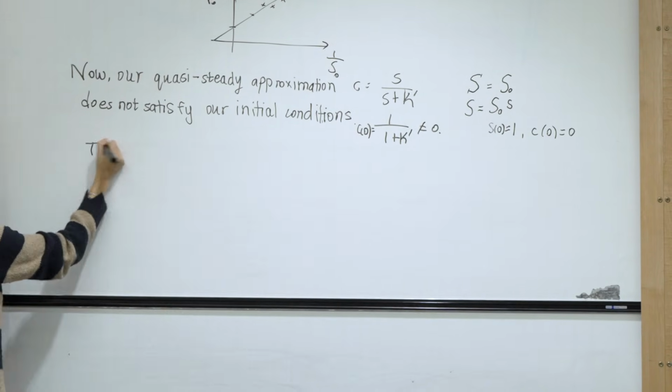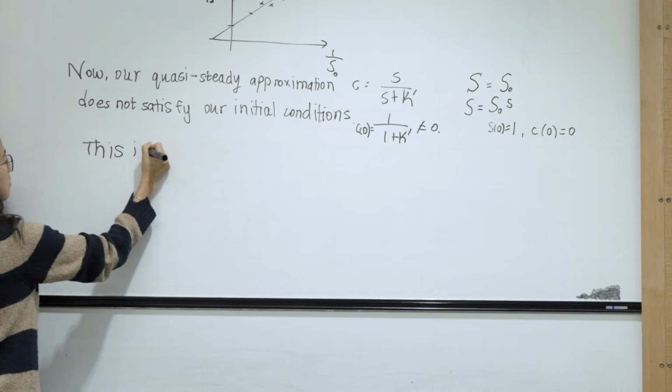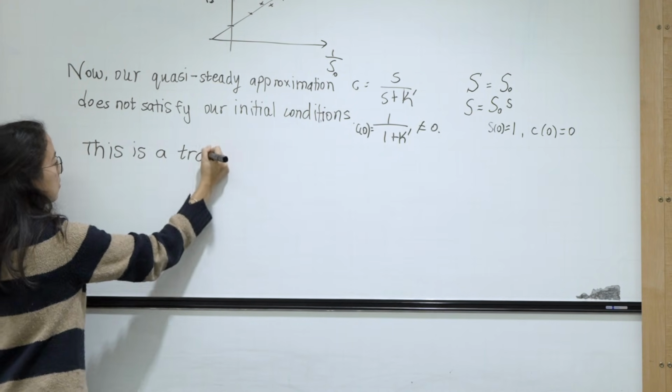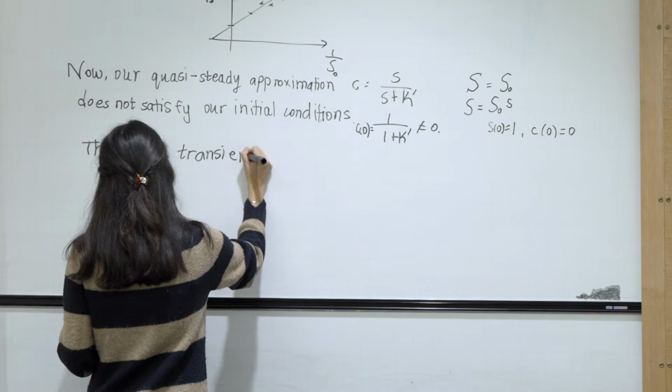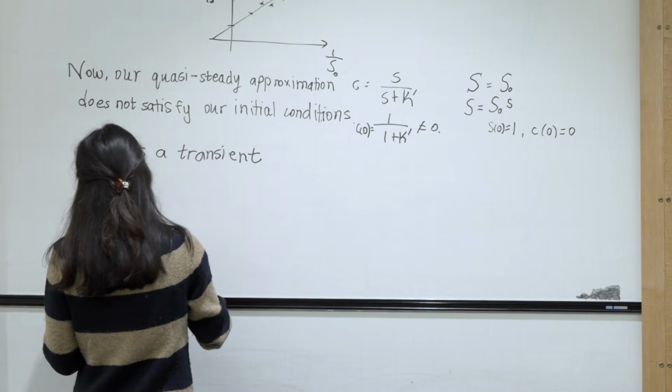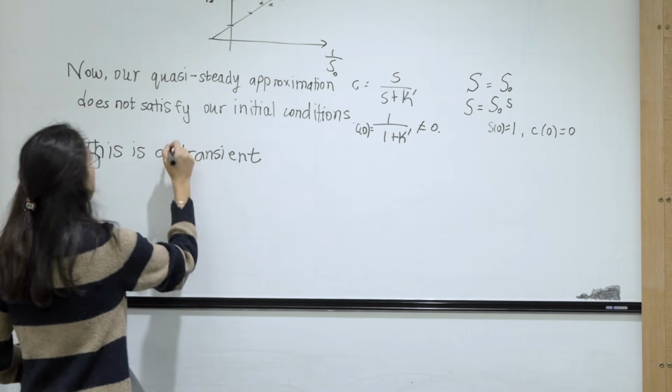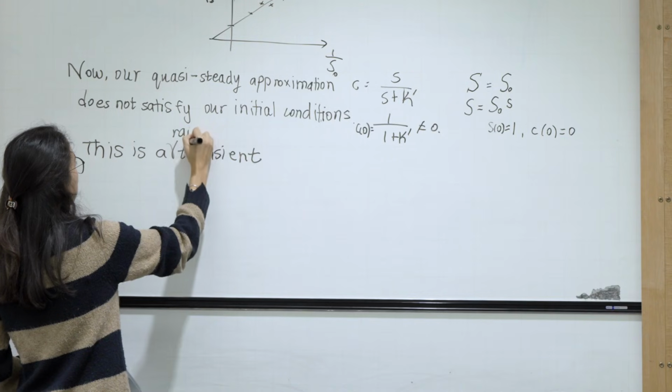And the reason for this is that there is a transient region, or you can say a rapid transient.